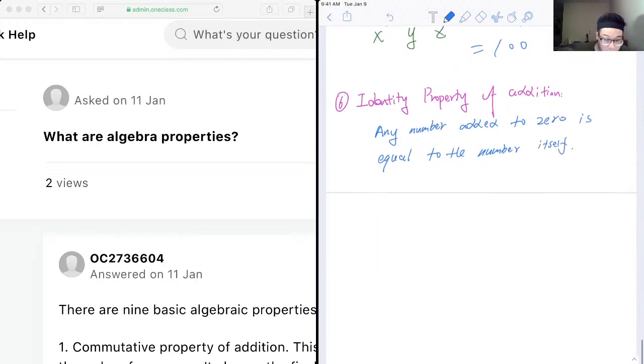So that means x plus 0 will be equal to x.